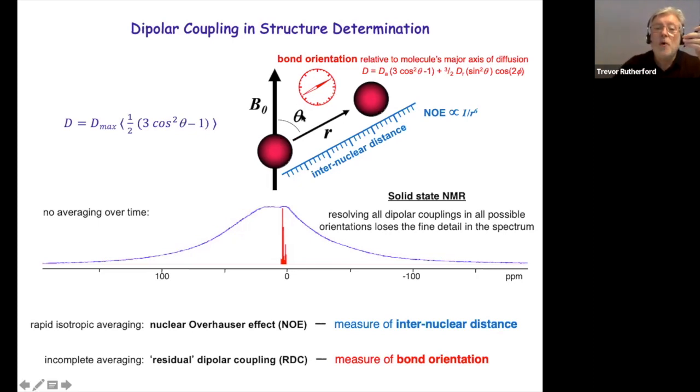At that point we're introducing a non-uniform averaging of this angular term, and you would have a residual dipolar coupling term that depends upon the orientation of this bond vector with respect to the major diffusion axis of the molecule. So we have two different terms that we can pull out with dipolar coupling. One is the NOE, which is a measure of internuclear distance. The other is this residual dipolar coupling, if we put the sample in a medium that gives it non-uniform motional averaging.